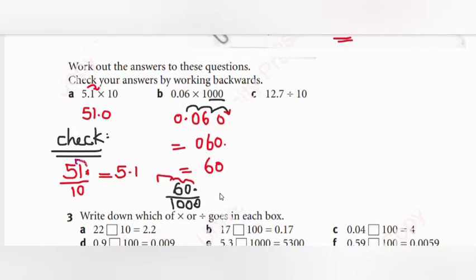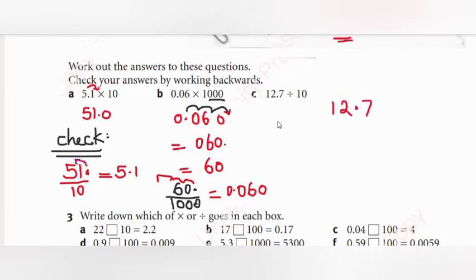The third digit doesn't have any value, so we fill in the empty places with zeros. So the decimal point is here, 0 point, we don't have any value so we put 0 and then 6. This 0 doesn't have any value, so we got the same value we had at the beginning of the question. So the answer is correct.